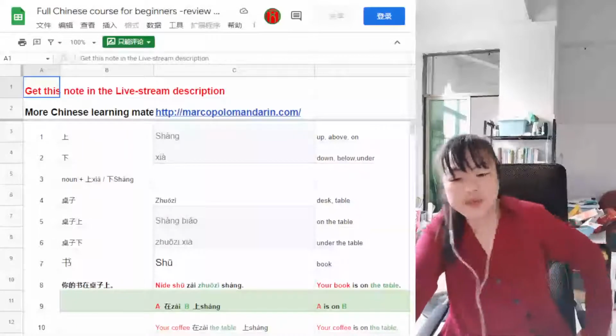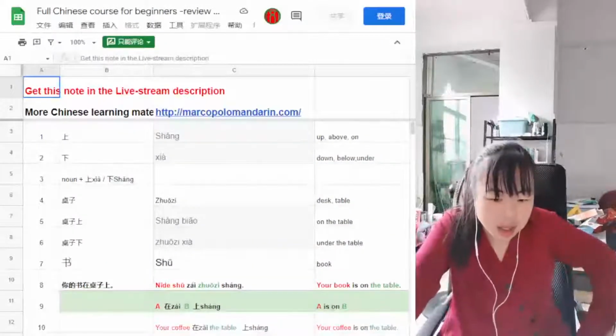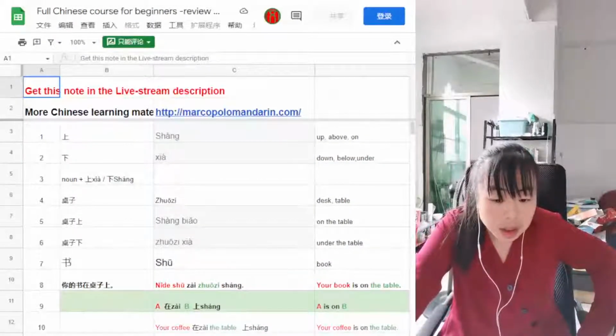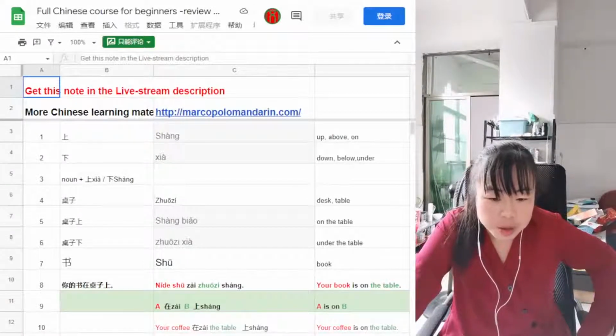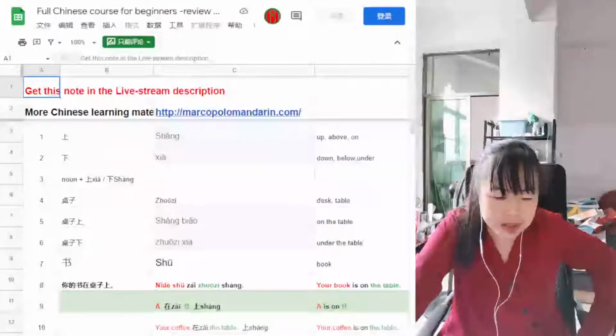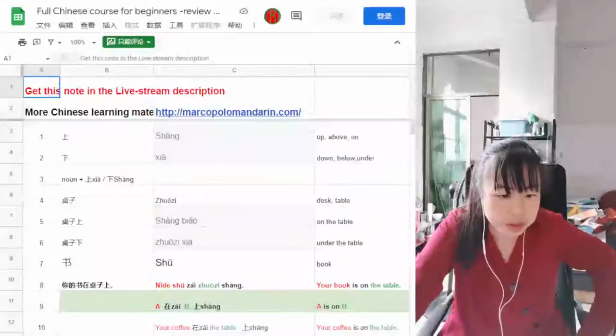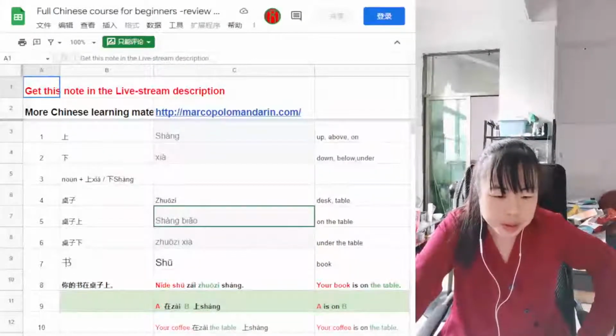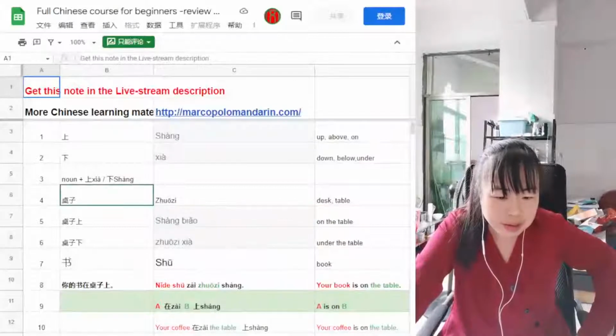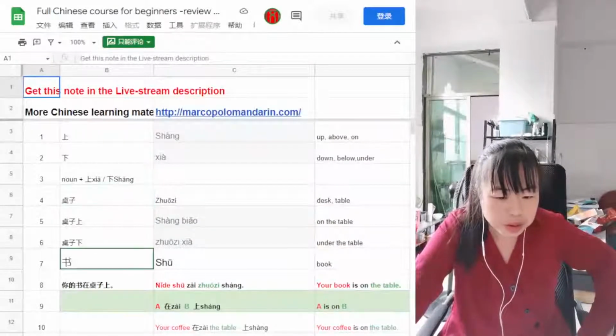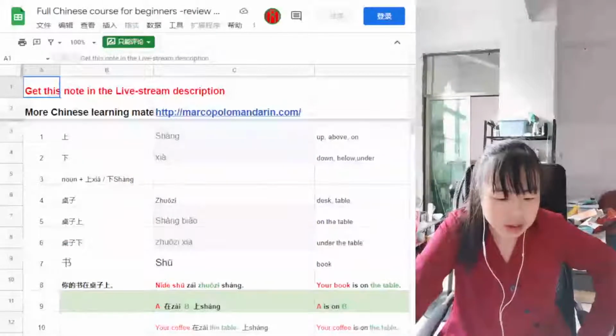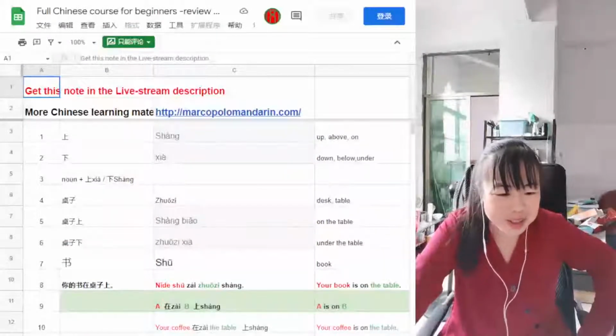Okay, now let's keep moving. How about we choose a word from our previous notes. Which word would you like to choose? 桌子, or 书, or 手机, or 杯子 to practice it.